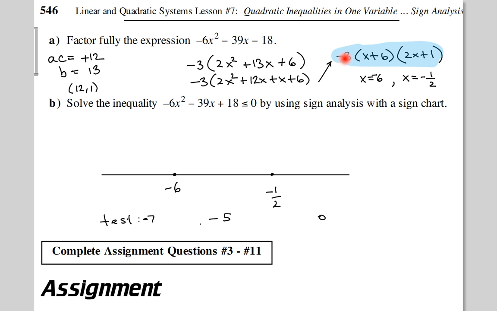Testing 0: negative times a positive times a positive. How's that work? Well, do two at a time. What's a negative times a positive? Negative. And negative times a positive one more time, negative. So it's going to be negative on this interval.